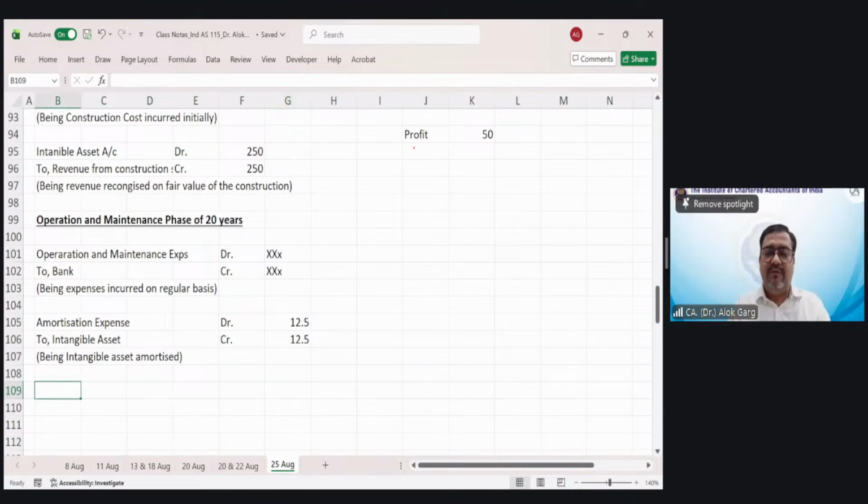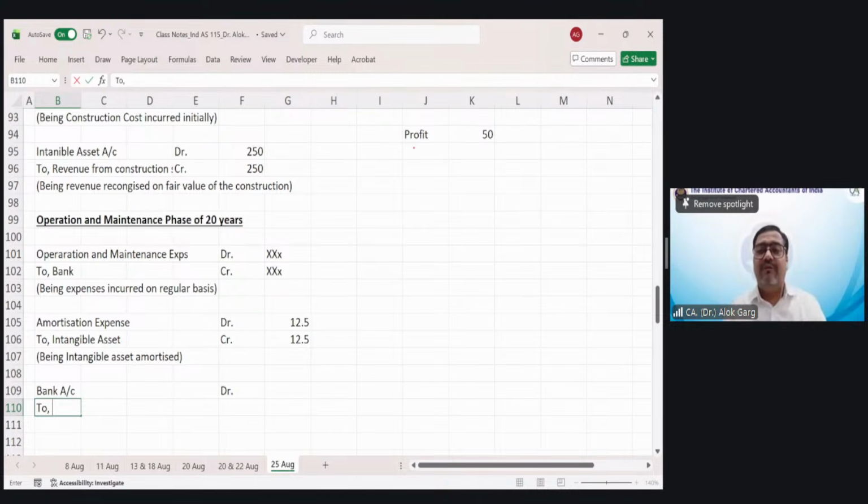Okay, then my dear friends, now you will collect the toll. What you will do? Bank account debit to what? See, a few portions you have, when you did the fair value, you have done the estimated number. ठीक है?